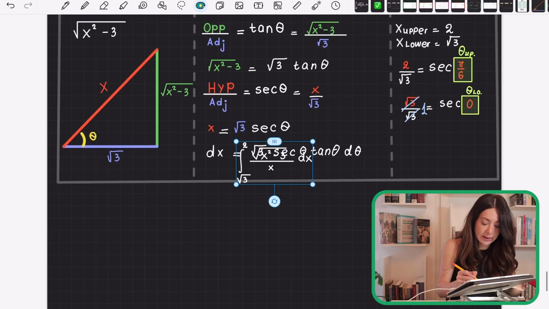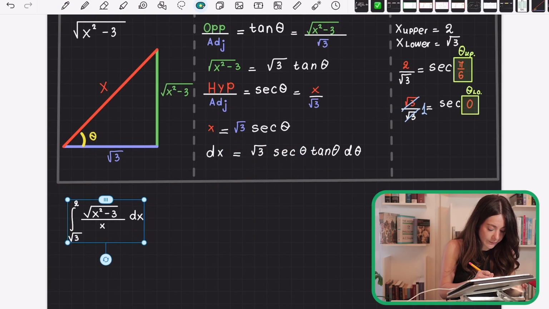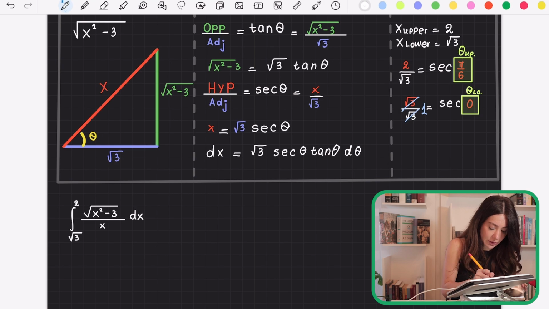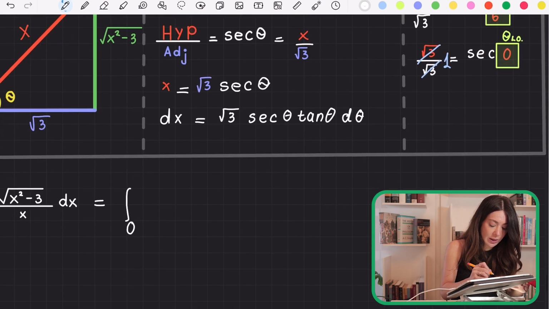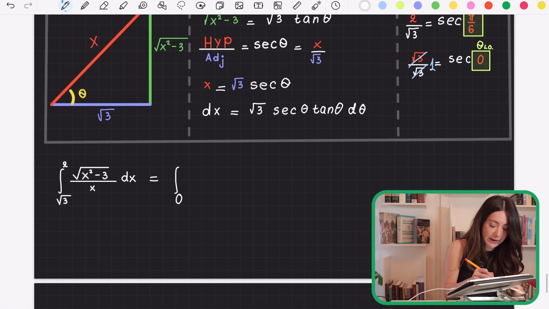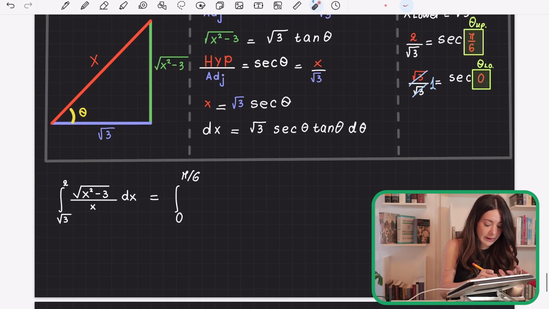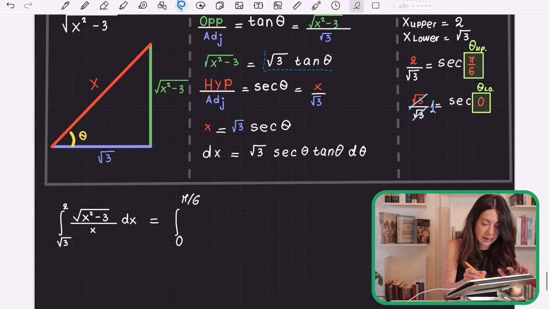Now I have translated this original integral, and then I'm going to show you how you write that. New lower bound, theta lower, 0. New upper bound, pi over 6. Then this part was that expression.